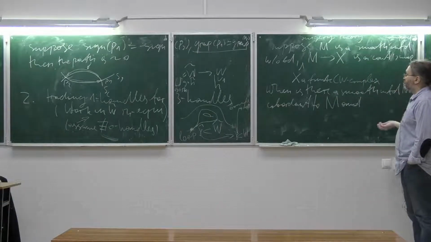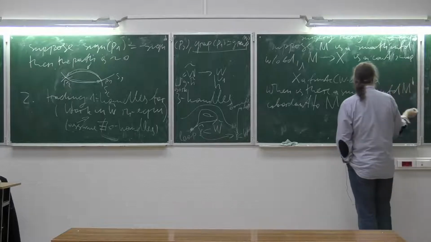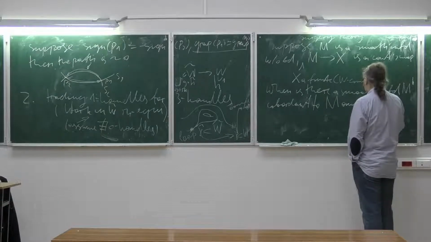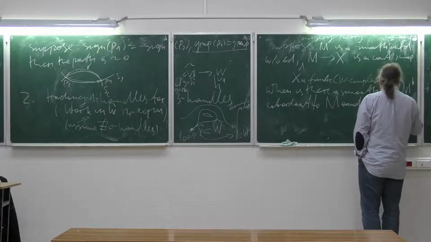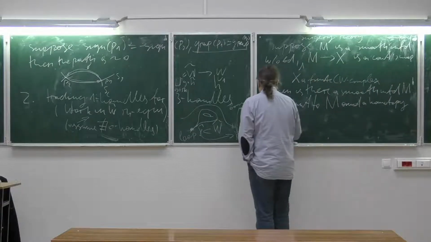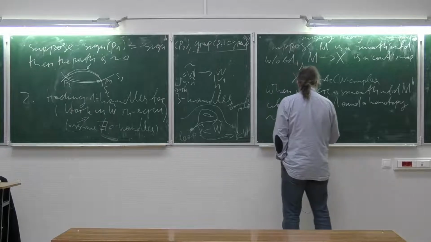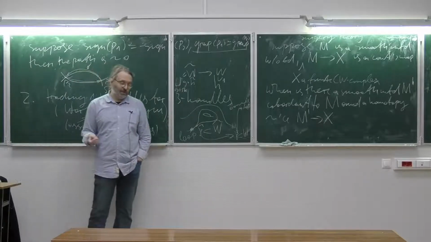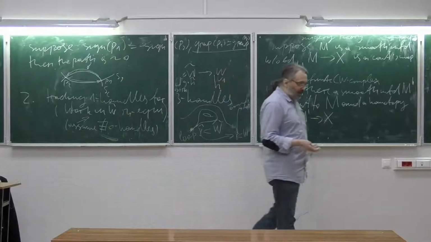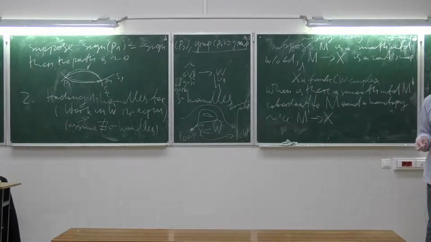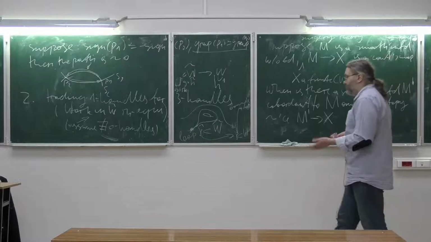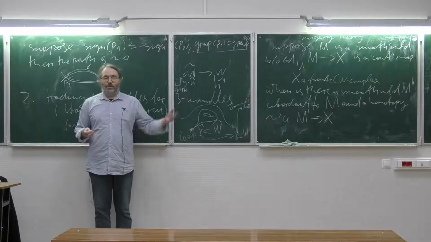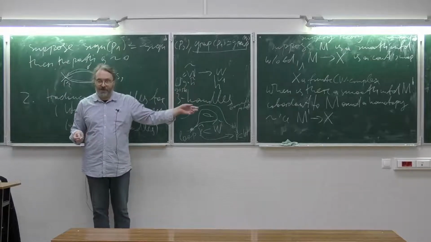The question is, when is there a smooth manifold M prime cobordant to M and a homotopy equivalence from M prime to X? In other words, what are the homotopy types which have smooth manifolds as representatives?